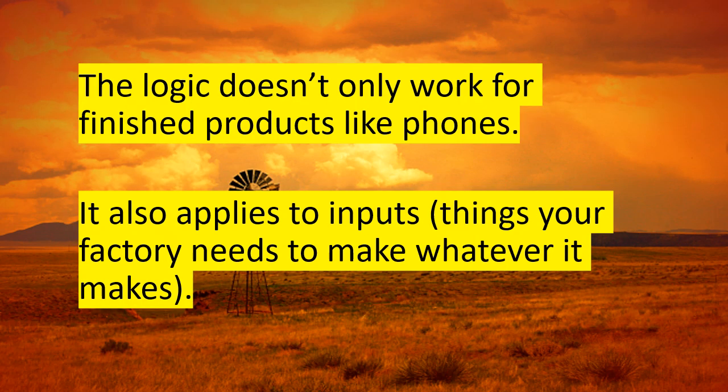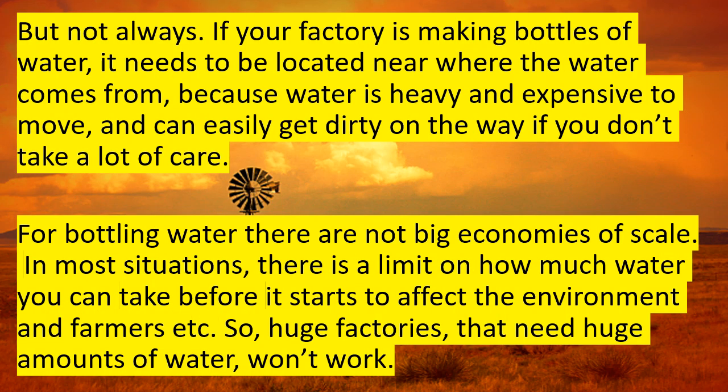And the logic doesn't only work for finished products like phones, it also applies to inputs, things that your factory needs to make whatever it makes. But not always. If your factory is making bottles of water, it needs to be located near where the water comes from, because water is heavy and expensive to move and can easily get dirty on the way if you don't take a lot of care.